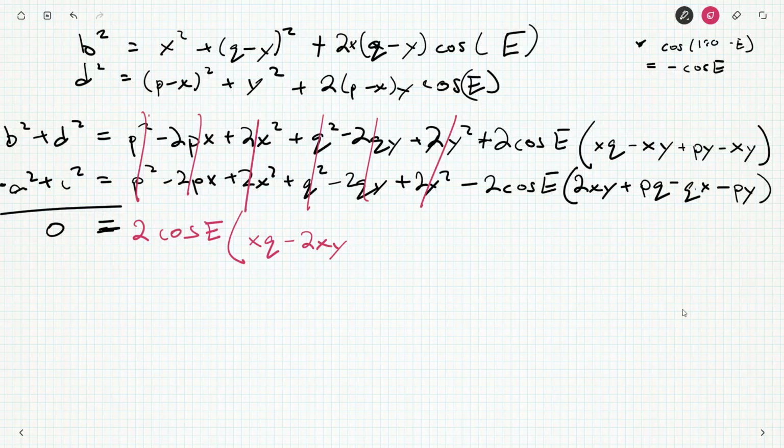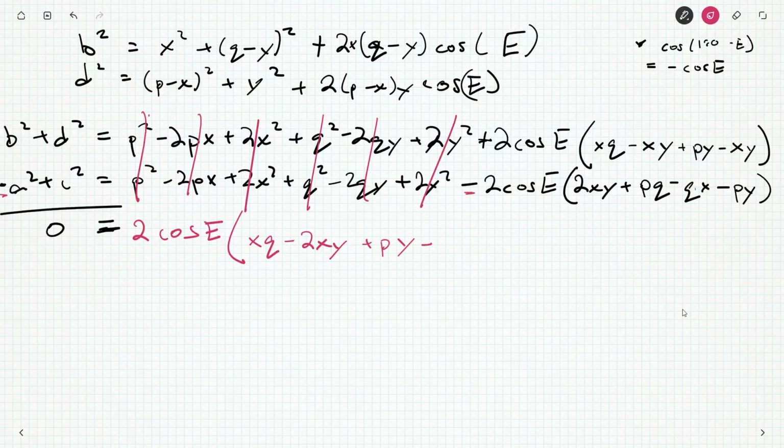Right, and then plus py, and then plus, right, because it's negative of a negative.